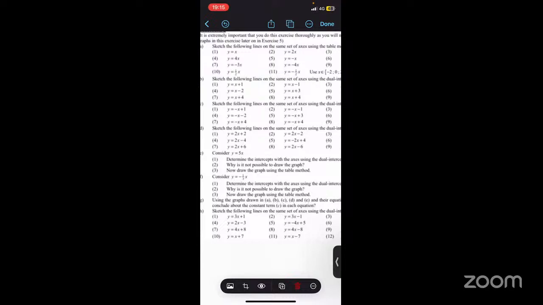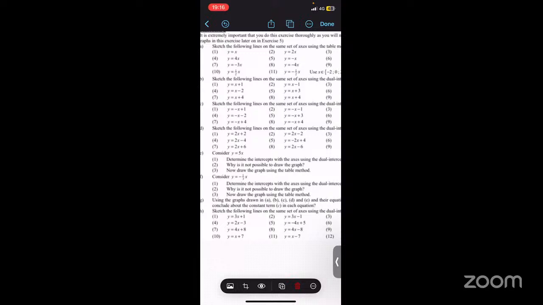So we have two methods that we're going to be focusing on. The first one is the dual intercept method, and the second one is the table method. Even the name says that it's a table method. That means you're going to make use of a table to sketch a graph.